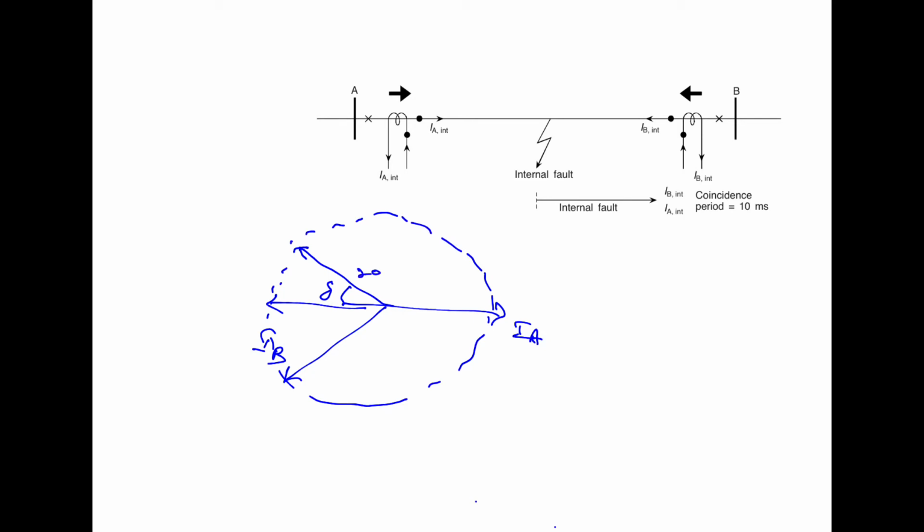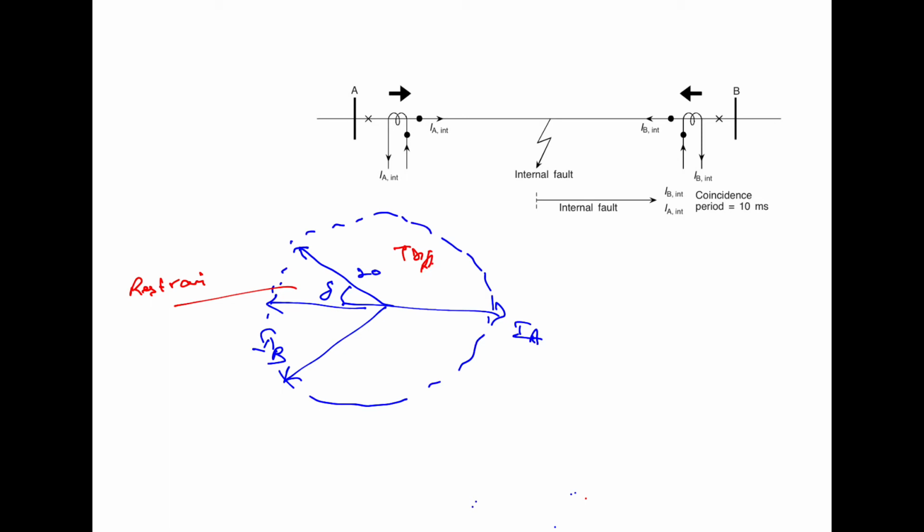Which is equal to what we have taken as 20 degrees. So this region, because these are out of phase, is the restraint region. And this region is the trip region from this scheme.